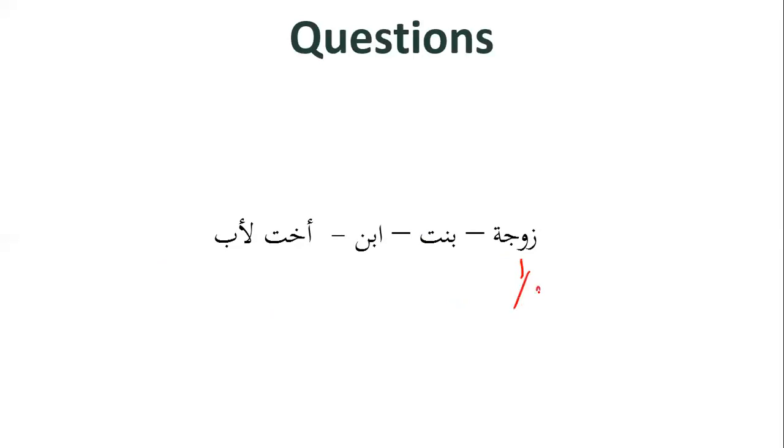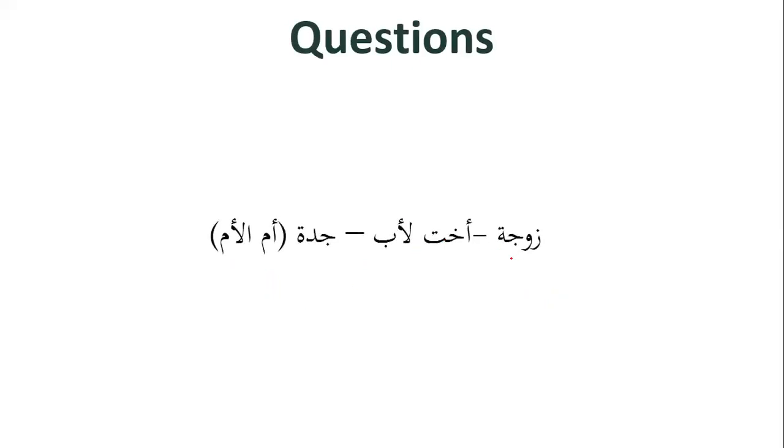Over here زوجة 1/8, bint ibn together عصبة, أخت لأب because of the ibn would become mahjub. So over here the zawja would receive a quarter, أخت لأب would receive a half, and jadda would receive 1/6.